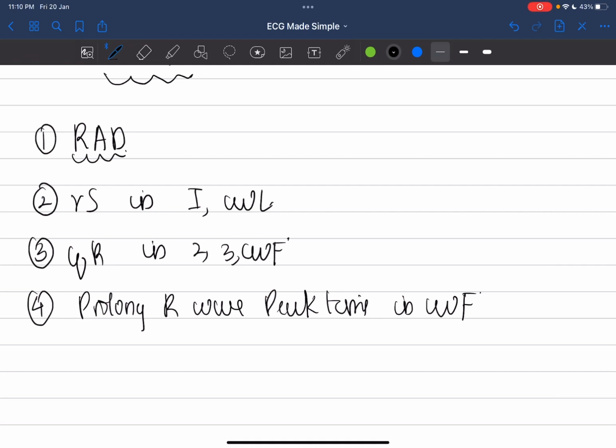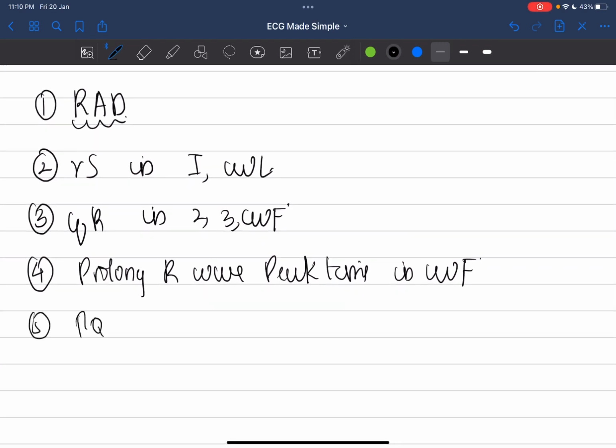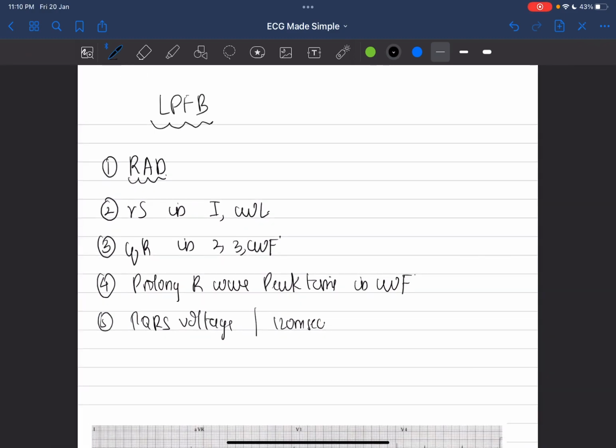So right axis deviation, RS complex in 1 and AVL, QR in 2, 3, AVF, prolonged R wave peak time in AVF, and again the same 5 and 6: increase in the QRS voltage, and sometimes the QRS duration can be increased up to 120 milliseconds. So these are the findings of left posterior fascicular block.